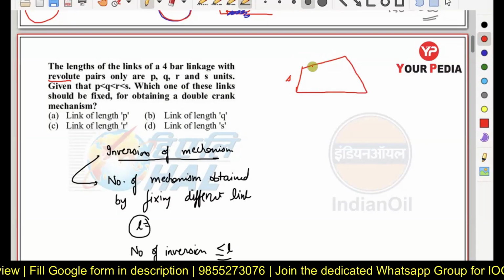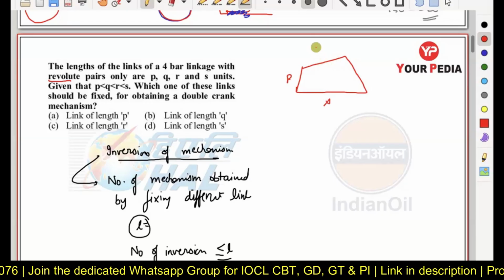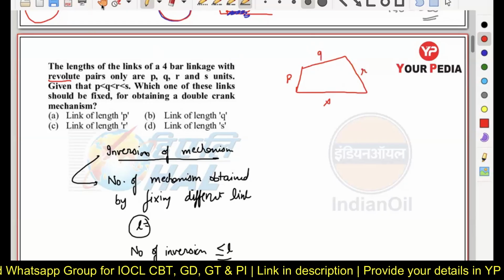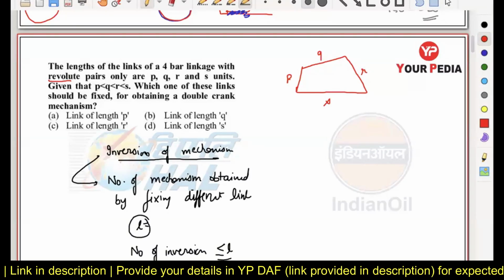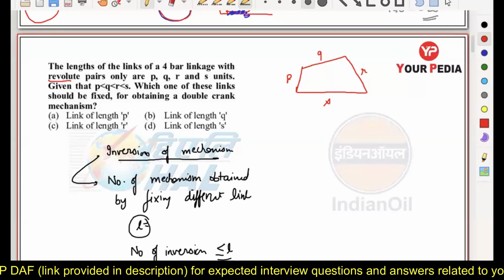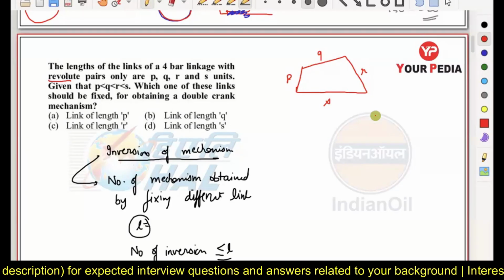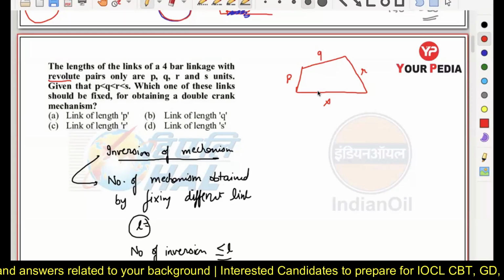Okay, for example, in the case of 4-bar mechanisms, here I am assuming S is the longest one, P is the smallest one, Q is this one, and R is this one. So in this case, S is the biggest link and P is the smallest link.